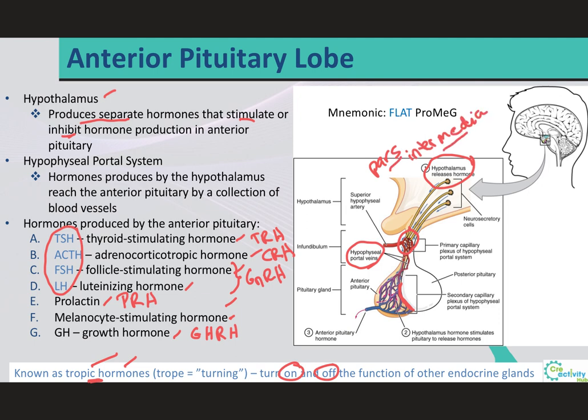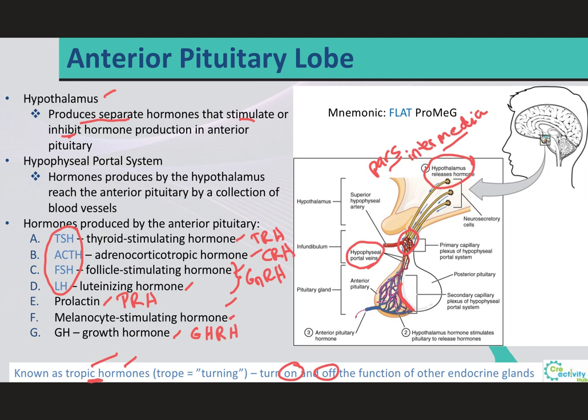And this hormone is released by the stimulation of UV light. So when you're exposed to the sun, you will have the release and the stimulation of the production of the melanocyte stimulating hormone, and we will cover this in more detail coming up.